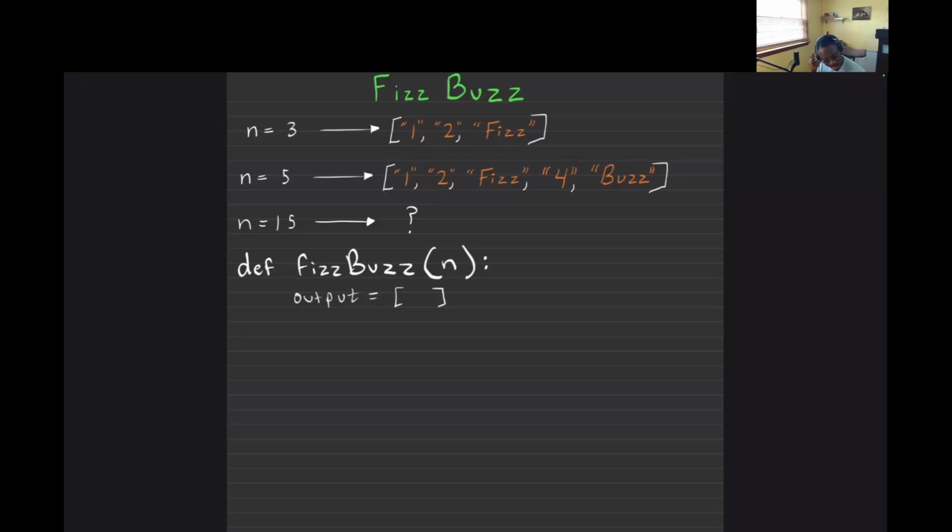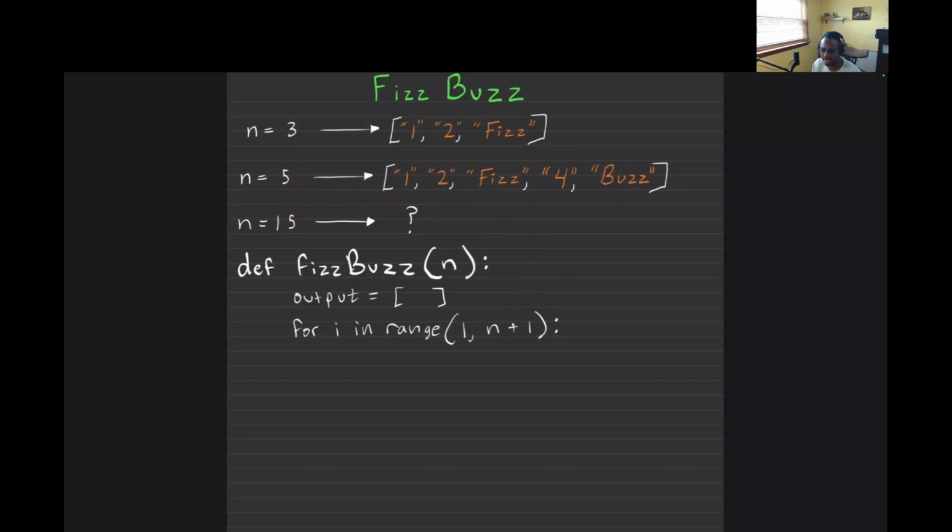And our loop is very straightforward. Because we are one-indexed, we're gonna do for i in range 1 to n plus 1, because we wanna be inclusive of our n value.